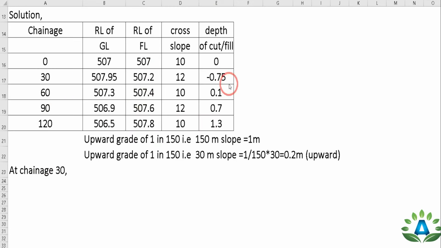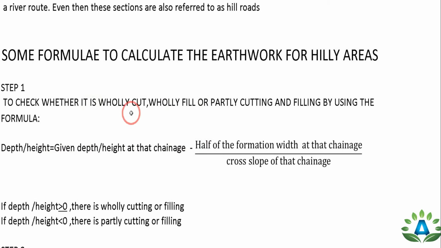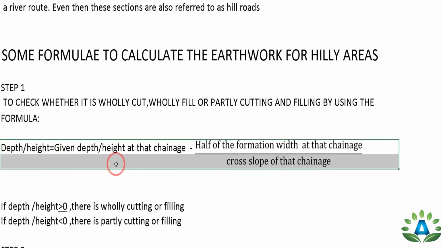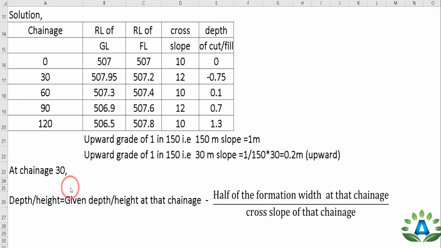Now at the chainage of 30, we have this as minus 0.75 meter, that will be the cut portion. So we are going to do the same steps as before, that is, firstly we need to check whether it is wholly cut, wholly fill, or partly cutting or filling by using this formula. At the chainage of 30 we have the depth of 0.75, and don't put this negative while using this formula.